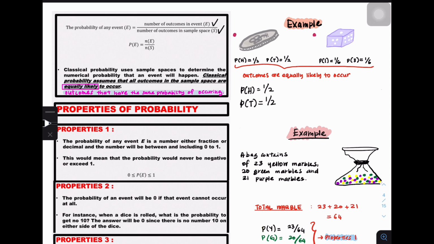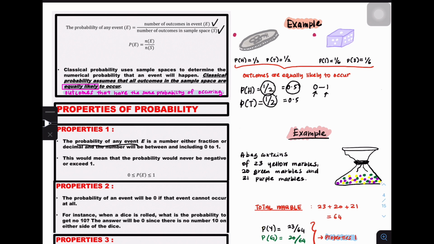So kalau awak tengok, probability punya nilai ini berada dalam bentuk fraction 1/2, ataupun dia boleh juga kita bentukkan menjadi decimal number. So dia akan jadi 0.5. Yang ini pun 0.5. You see, the value of probability mestilah di antara 0 hingga 1. Tak boleh kurang daripada 0, tak boleh lebih daripada 1. Tapi dia boleh jadi equal to 0, dia boleh jadi equal to 1 as well.